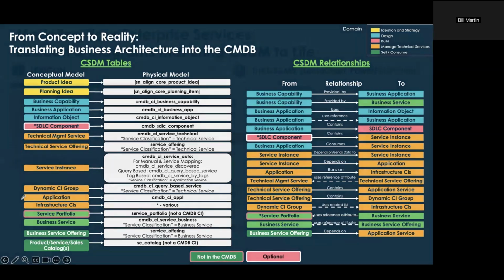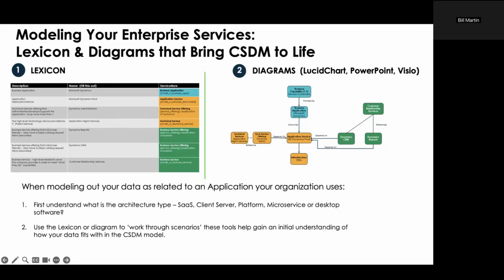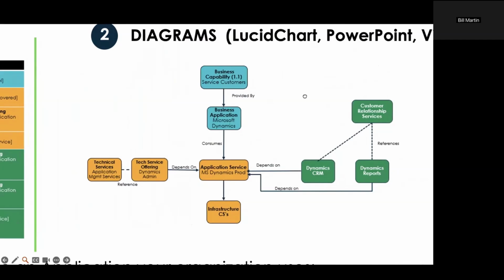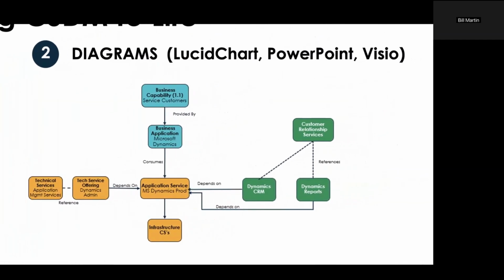Now, this next slide is a conceptual model and diagram of a CSDM. In ServiceNow, you can build a physical or logical architecture, mapping a critical payment gateway and defining its components.